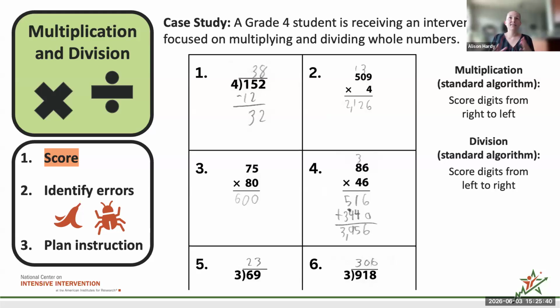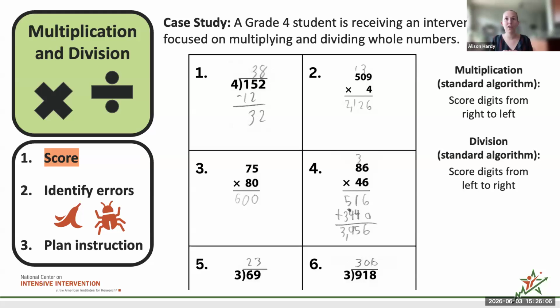Now, as I said earlier, scoring for correct digits for addition and subtraction, we want to score from right to left to follow that regrouping. And that is the same here for multiplication with the standard algorithm. But for division with the standard algorithm, we want to flip it and score digits from left to right because that follows the procedure that they took step by step.